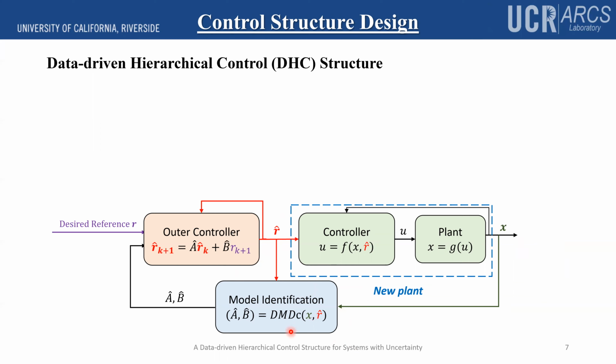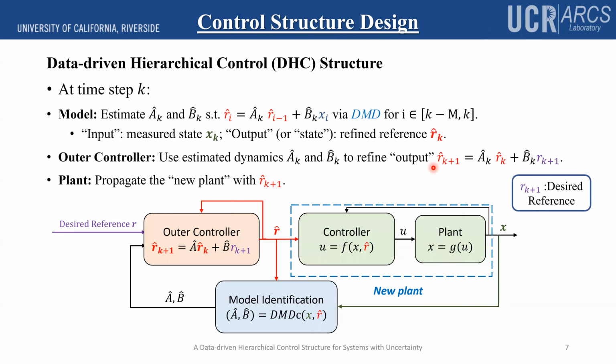Once we extract the dynamics, the model will be utilized in this controller. It will refine the desired reference R to this R hat with the learned model. Then the refined reference R hat will be given to the robot system to propagate it.